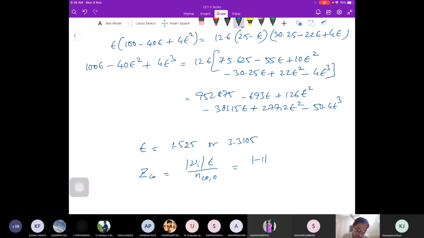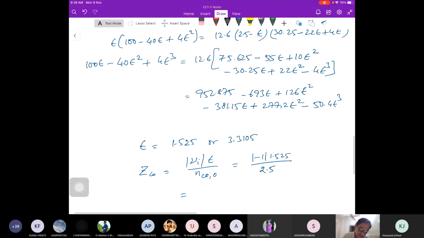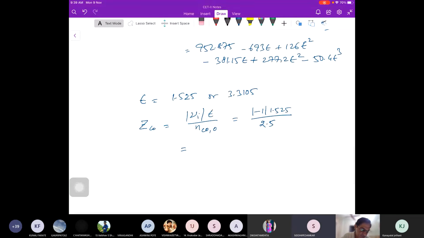Epsilon 1.55 divided by n_0, कितना है CO का? 2.5. So this will give how much value? 61%.